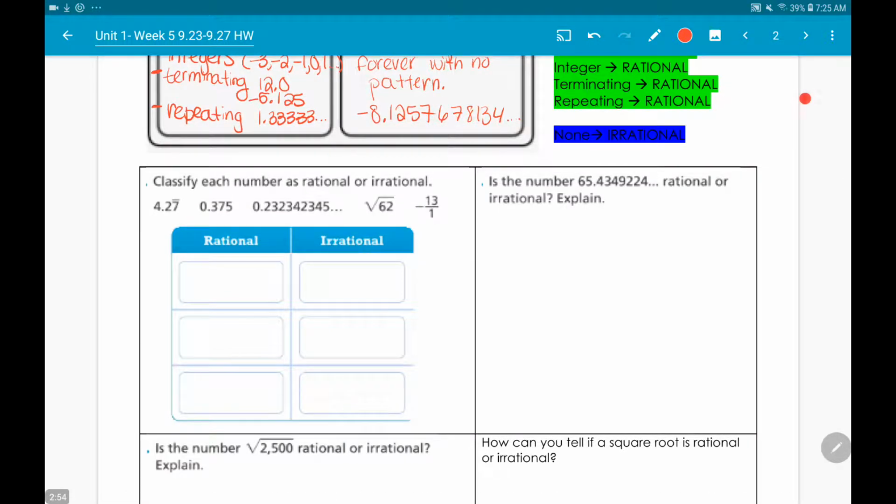Before I get started, I'm going to fix my two that are not in their decimal form. In my calculator, I'm going to do the square root of 62, and that is 7.